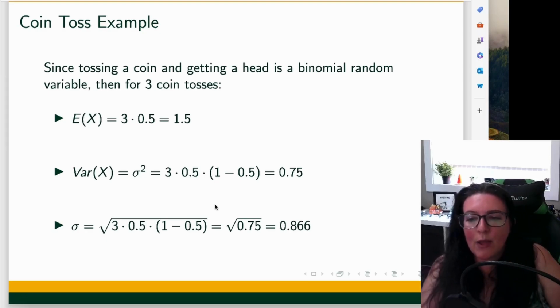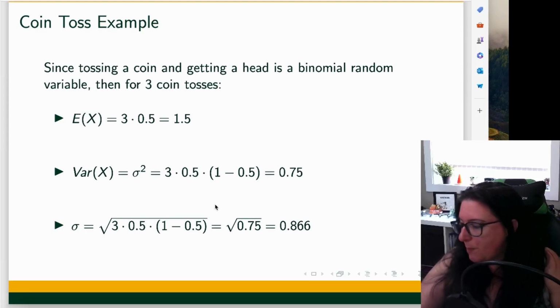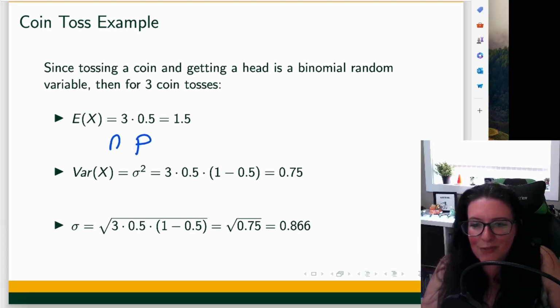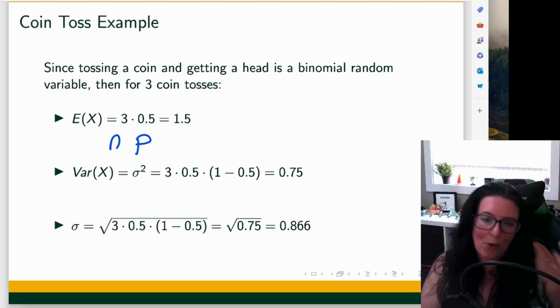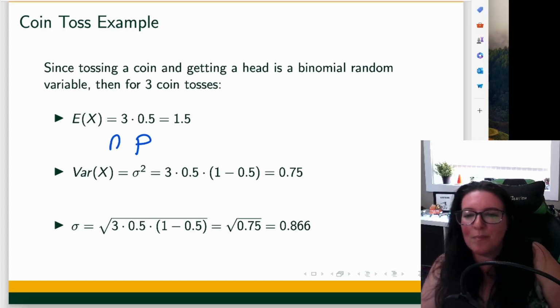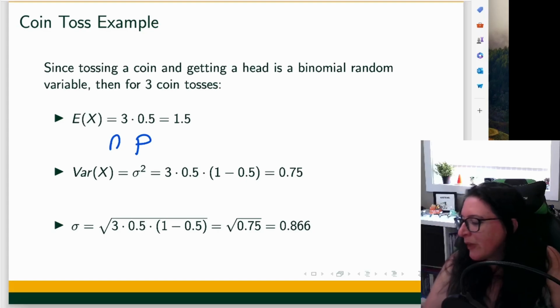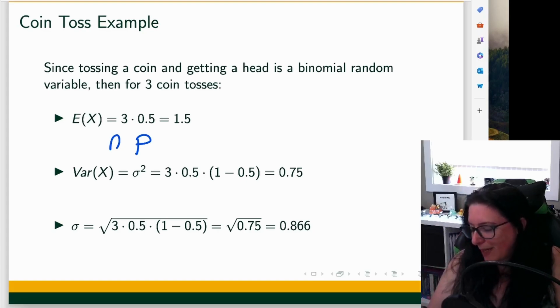Then the expected value is n times p, 1.5, much quicker than what we did in the previous video, where we found the probability of each outcome and multiplied it by each outcome in a weighted average.